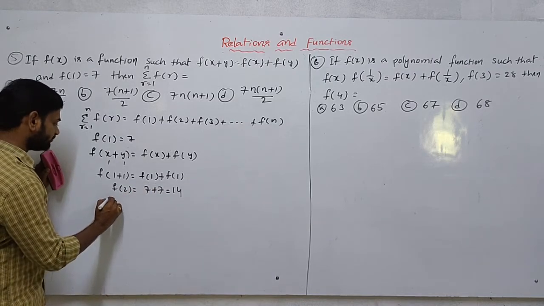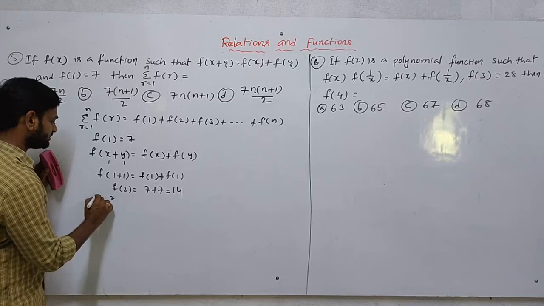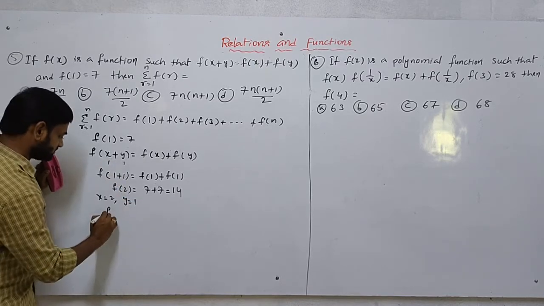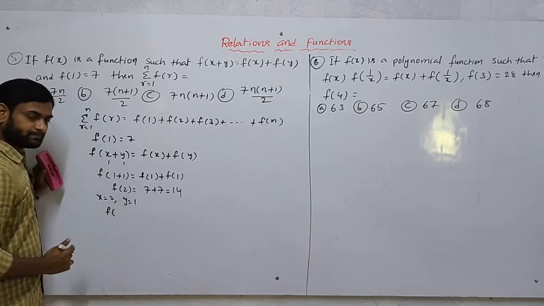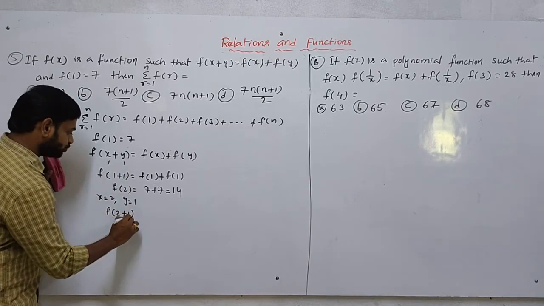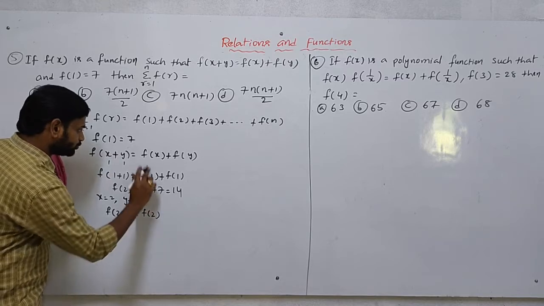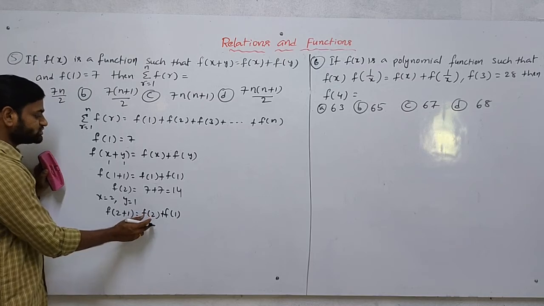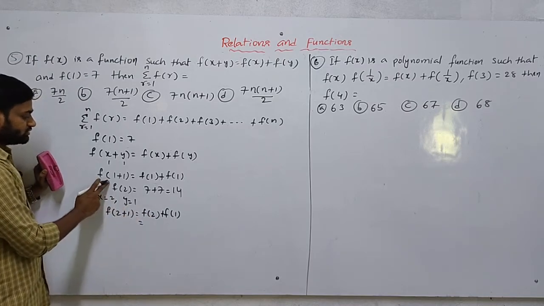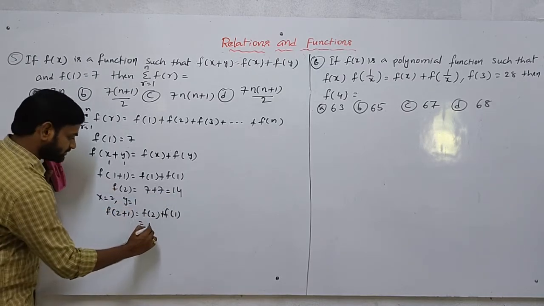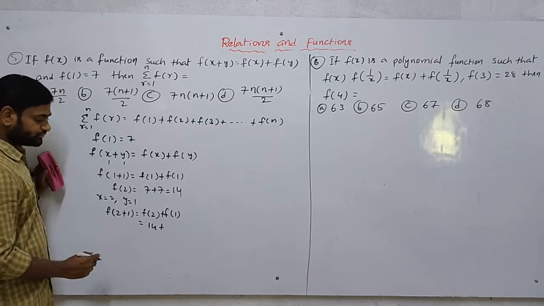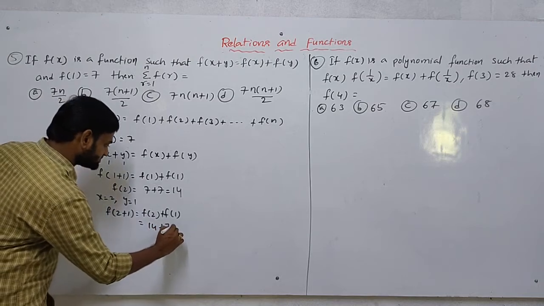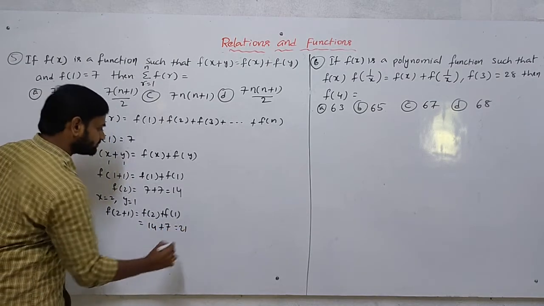Suppose x equal to 2, y value 1 I am taking. Substitute. f of 2 plus 1 equal to f of 2 plus f of 1. So f of 2 is how much here? f of 2 already got, value is 14. 14 plus, now here, f of 1 is 7. 14 plus 7 is 21.